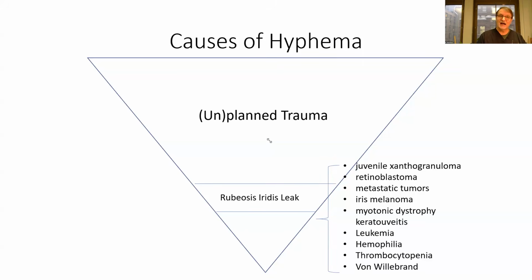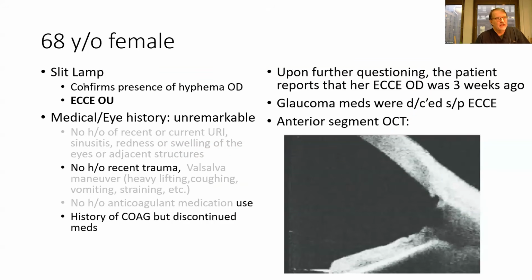So we had to do a deeper dive into that because that's the only trauma she sustained. She doesn't have rubeosis of the iris, that was obvious. Everything else in this category is very uncommon and can be ruled out very easily by history and clinical observation. So the slit lamp did confirm the presence of hyphema, but she did have ECCE-OU.